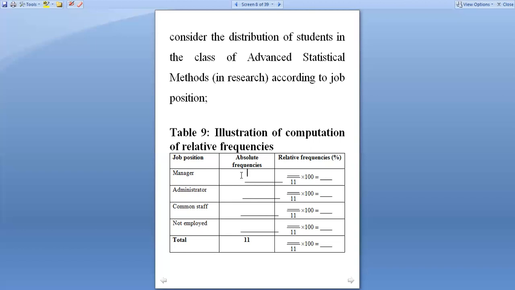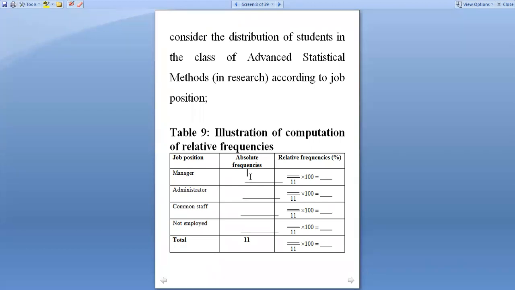If here I have the number of managers, the number of administrators, the number of common staff, and those who are not employed, and assuming I have a total of 11, let's get any assumed number.